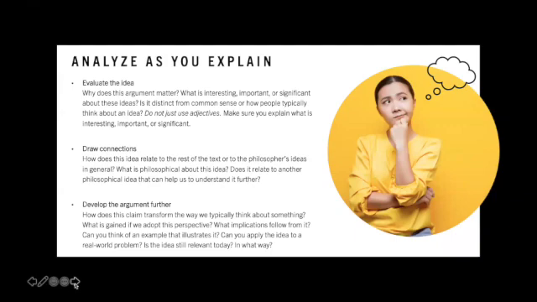You can think about how that claim transforms the way we would typically think about it, if we gain a new perspective by considering it, or if there are certain implications for human life that follow from it. Maybe you can think of an example that illustrates this idea and why it's important and how we could apply it to our lives. You can also think about if the idea is still relevant today, in what way it is relevant, or if it would need to be shifted or changed a little bit in order to still be relevant.